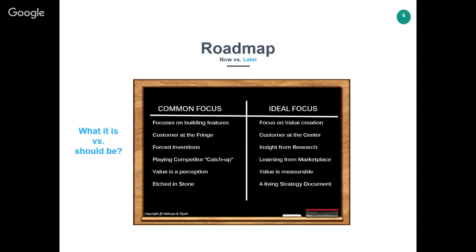The next one on the list is playing competitor catch-up versus learning from the marketplace, from the customers and data. Being product managers, more often than not, we are super excited whenever we see our competitors releasing their product and the features they are adding, and we know their product in and out.